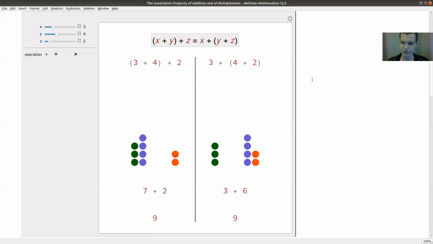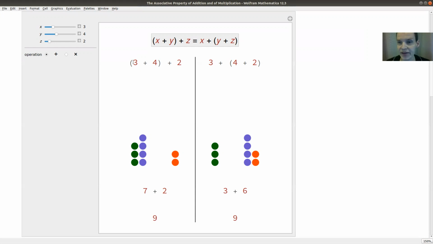So for addition, it's a very easy idea: you have three piles, a green one, a blue one, and a red one. Green, blue, red, and there are some numbers associated with them. In this example, the green is 3, the blue is 4, and the red is size 2. On the other side, it's the same.